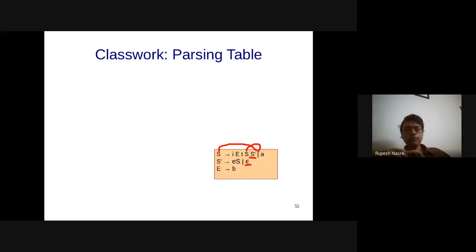So S prime can have all these strings where S prime and S prime can occur together, I mean consecutively. And since the second S prime can derive a string starting from small e, therefore we will have to say that capital S prime can be followed by small e.